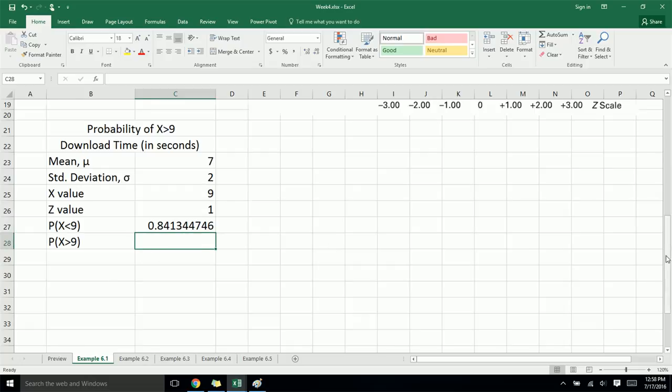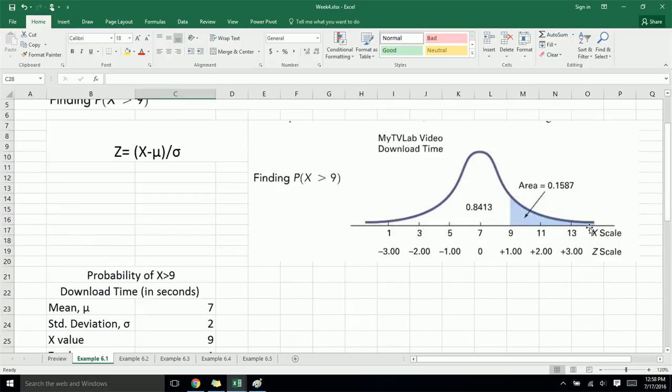So here the total area under the curve is 1. This is the cumulative probability, and we want to find out the probability of this blue shaded area. We just found the probability of x being less than 9, which is this white area, and to get this blue shaded area we just need to subtract this area from 1.